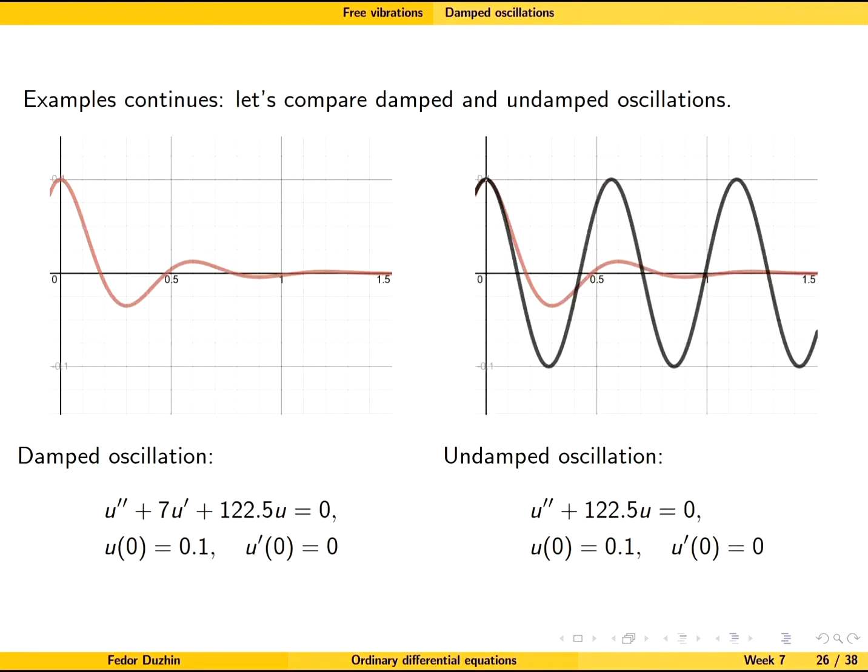Notice that initially the damped and undamped oscillations both have a local maximum when t equals 0, but the next local minimum for the damped case occurs a little bit later than the local minimum for the undamped case. It is kind of natural, because damping makes it slower. For instance, the frequency also becomes lower.